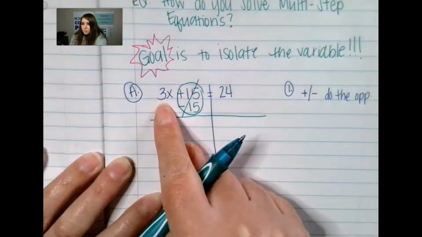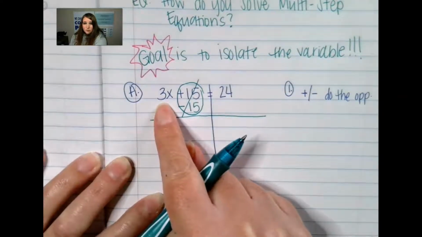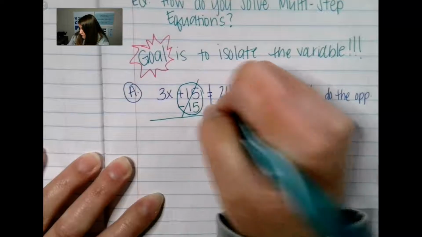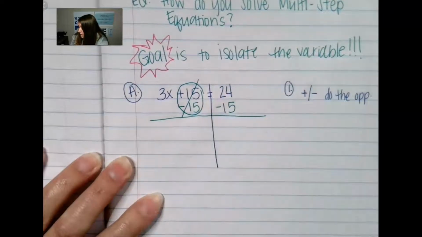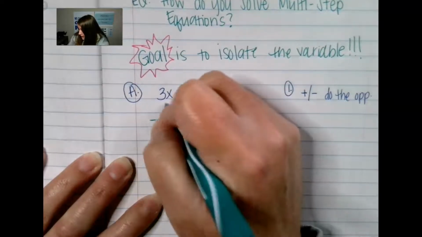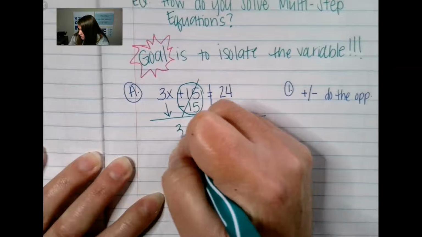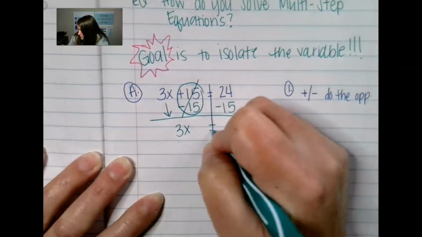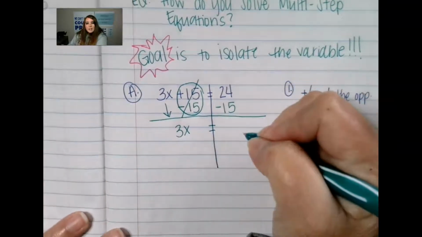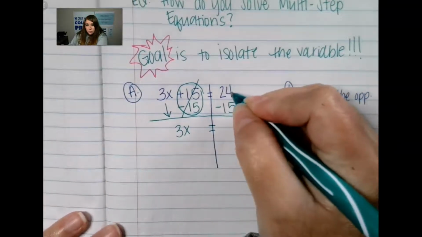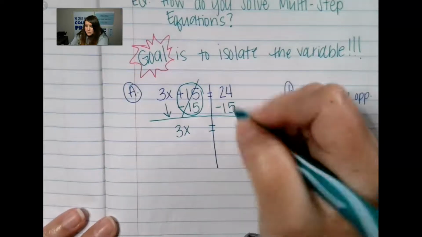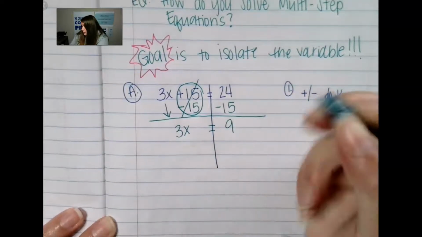However, my variable is not by itself yet. So over here, I'm going to subtract 15. Now I can bring down 3x, and when I subtract, I know that 24 minus 15 gives me 9.